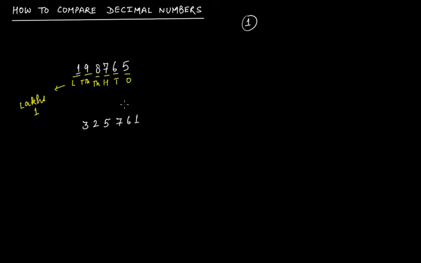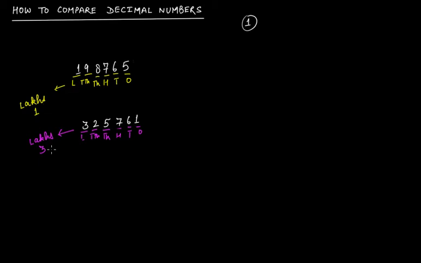In this other number we have ones, tens, hundreds, thousands, 10,000s, and then lakhs. So the highest place value for this number is lakhs, and at the lakhs we have 3. So the highest place value for both numbers is lakhs.